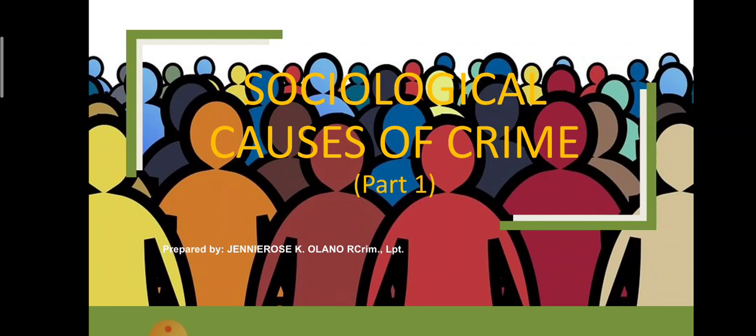This chapter is divided primarily between the social structure theories and social process theories. In part 1 of our discussion, we will be tackling all the theories under social process. Social process theories center the discussion on the contribution of social learning theory, social control theory, and social reaction or the labeling theory on the behavior of potential criminals.